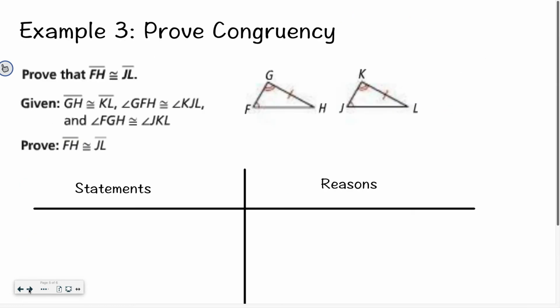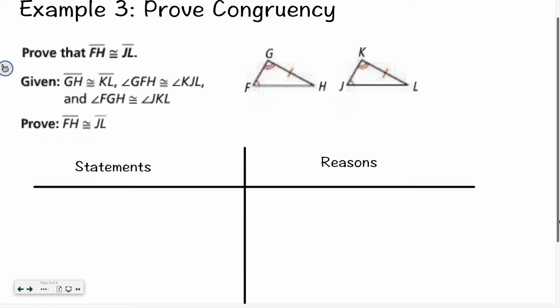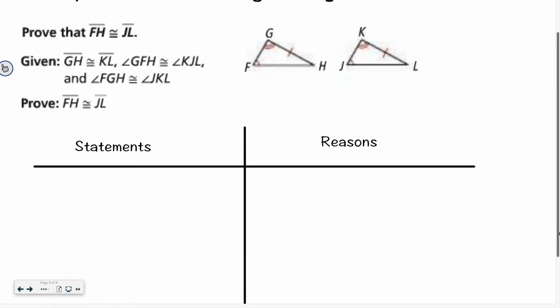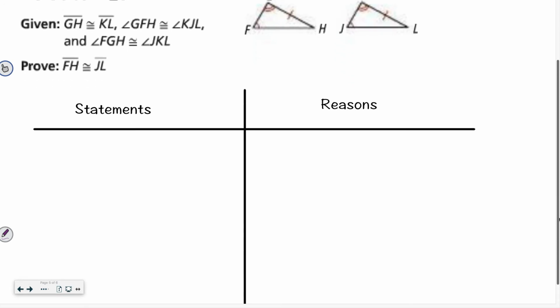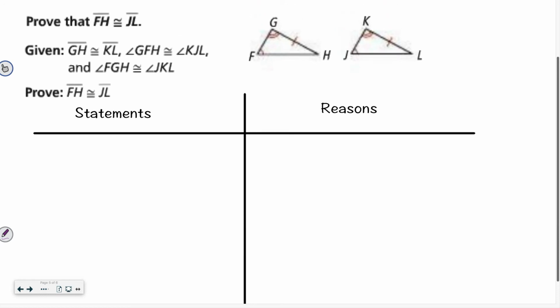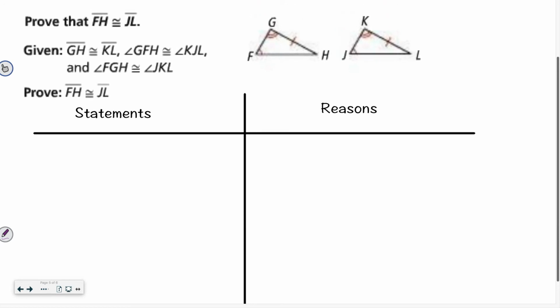Now, let's try another proof. So we want to prove that segment FH is congruent to segment JL. So we are given that GH is congruent to KL. So let's write that down. First, I'm also going to move that just a little bit closer.